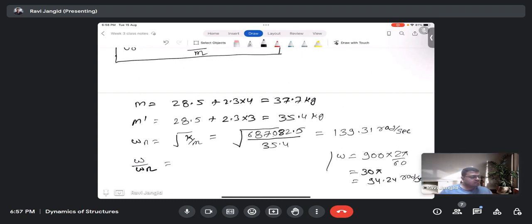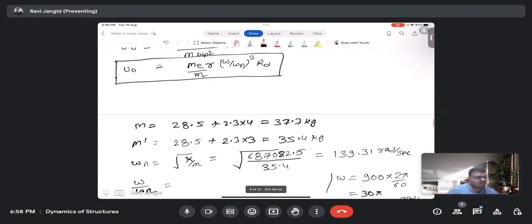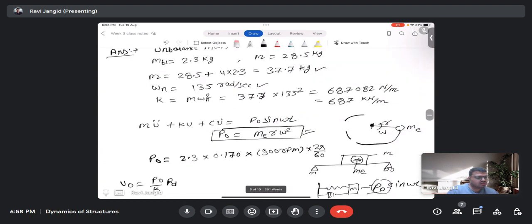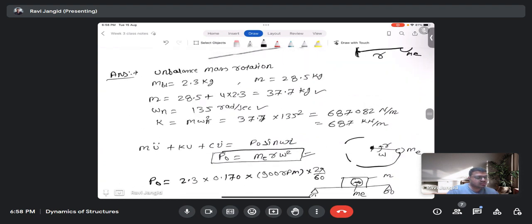Sir, I have one doubt. We calculated the stiffness with the frequency and the total mass, the mass of the blade plus the mass of the engine box, and that stiffness we have used directly here. But the mass is changing, so its effect won't be there? Yes, stiffness would not change.